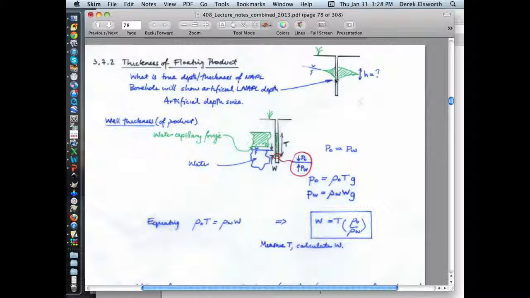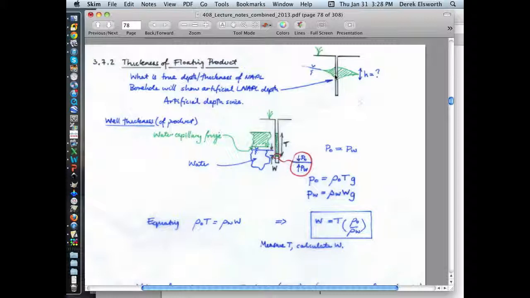But typically what we do is we look at what's present in the hole. And what's present in the hole is a column of water to some depth, and above this will be a column of floating product. And so I guess the question is whether this column of gasoline that sits in here, this green stuff, would be coincident with the thickness of this lens that sits there. And so that's a fundamental question that we should ask ourselves.